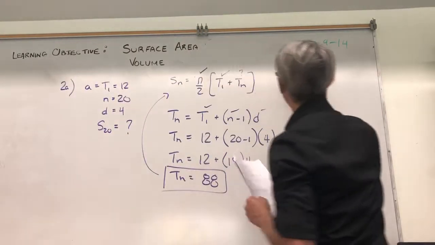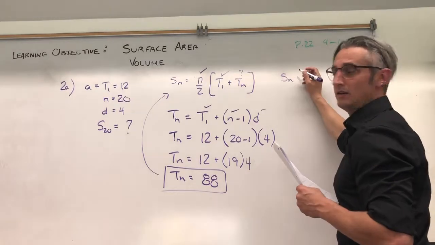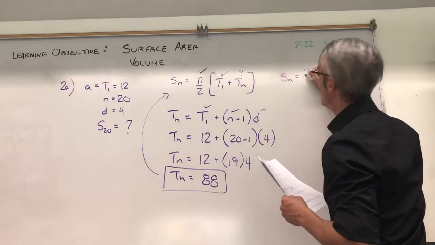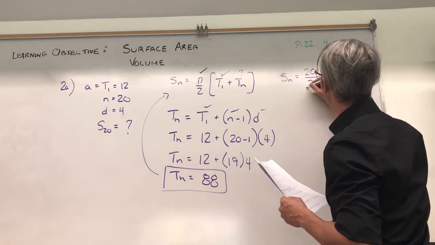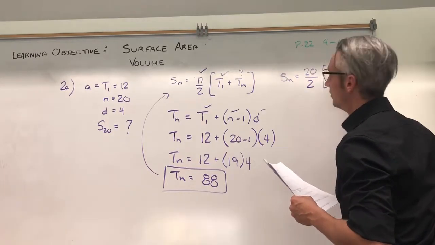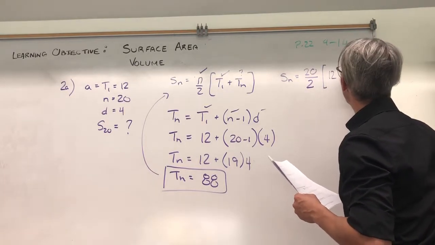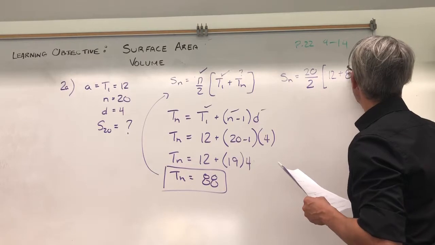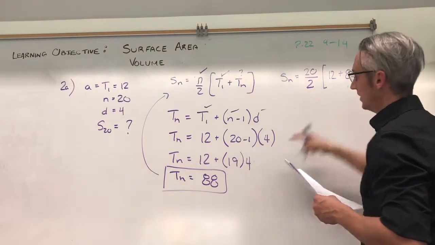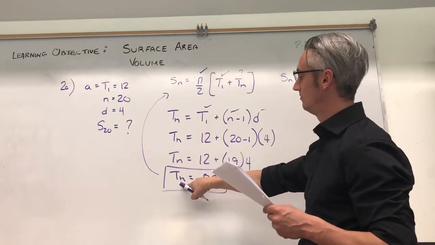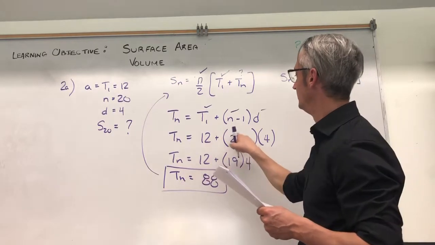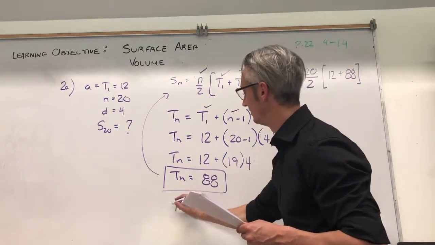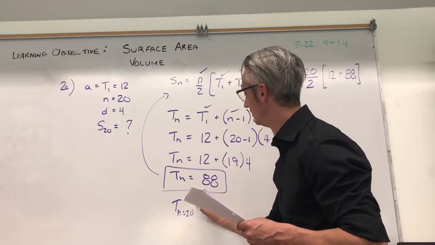So now, Sn equals 20 divided by 2, (12 plus 88). My 20th term tn, my last term, when n is equal to 20, is 88.